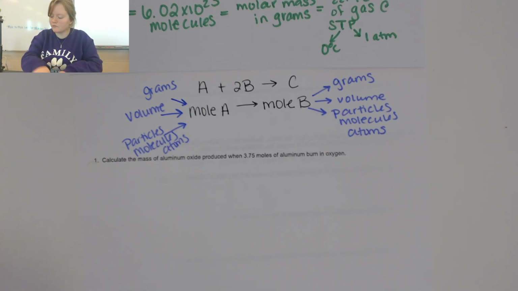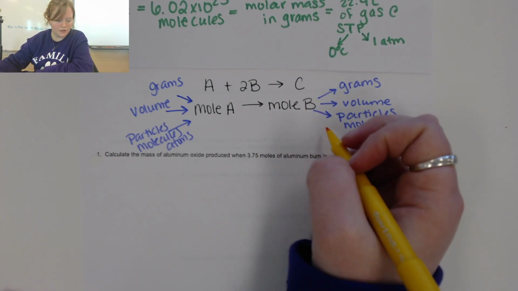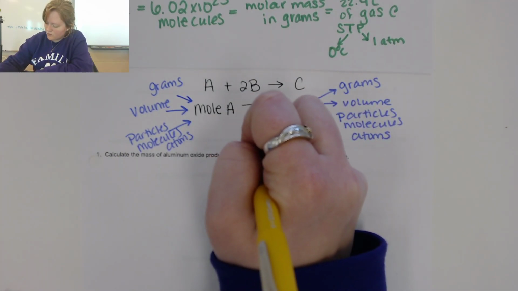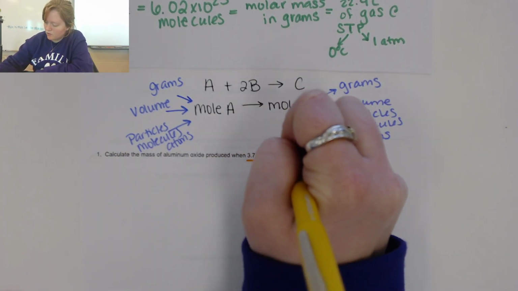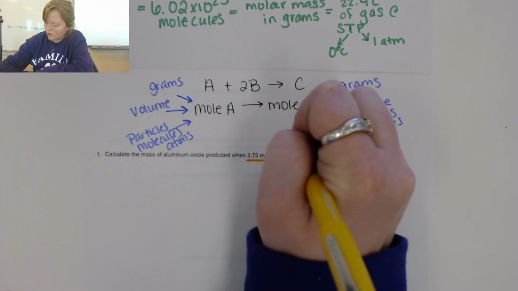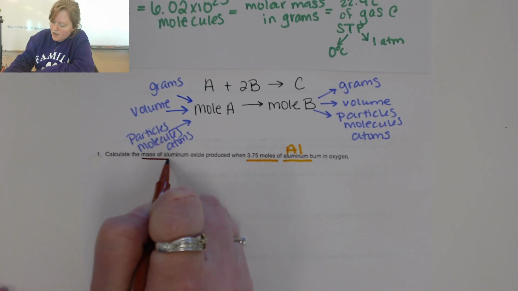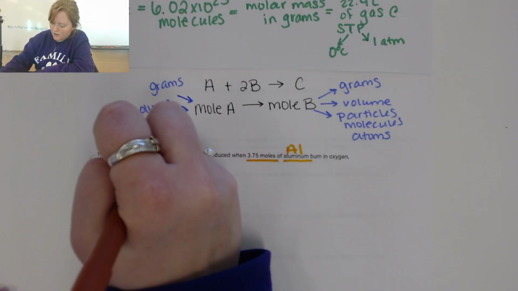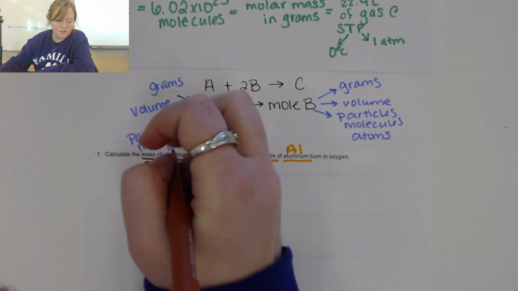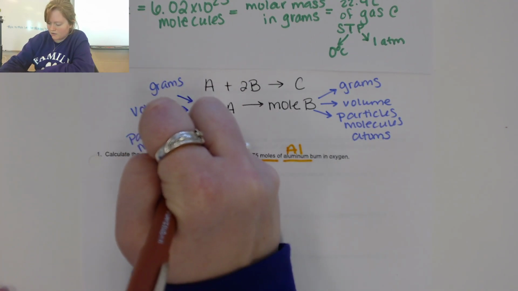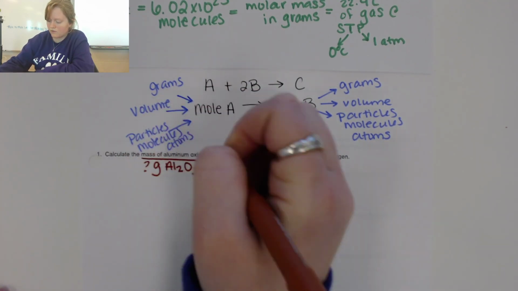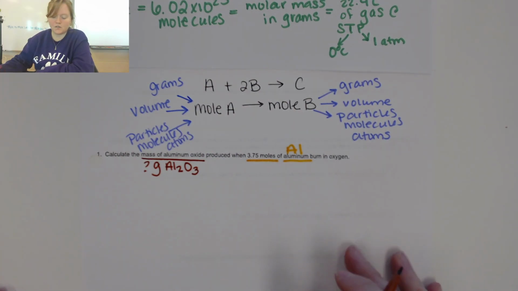So again, we are starting with moles, 3.75 moles of aluminum. Remember, aluminum is Al. And we are trying to find the mass of aluminum oxide, so grams is our unit of Al2O3.